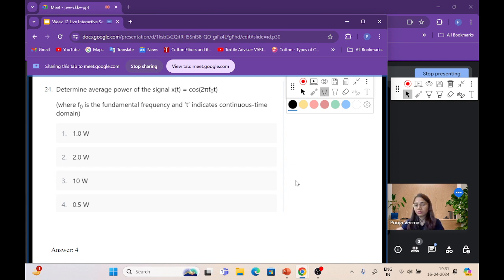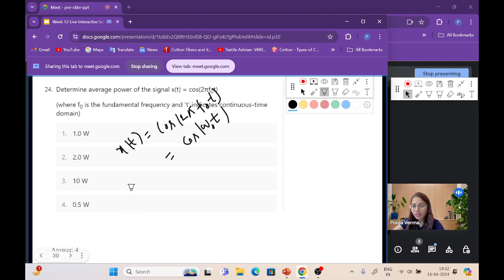So x(t) is given as cos 2 pi f naught t, or we can write 2 pi f naught t as omega naught t also, right? We can write it like this. So what will be the average power of that signal?